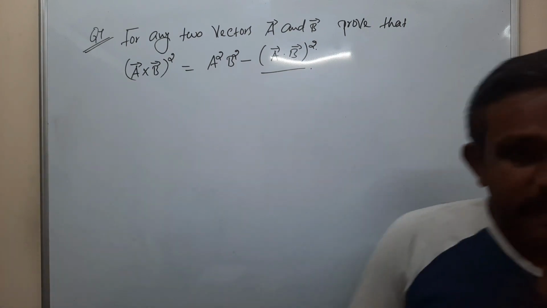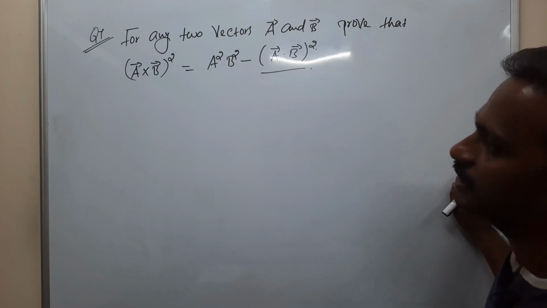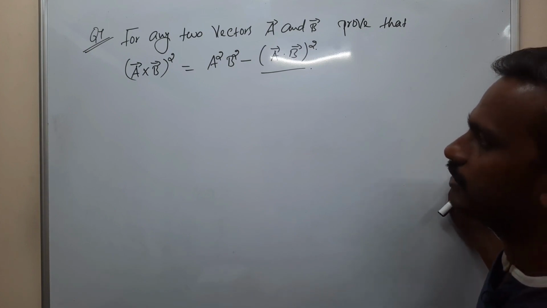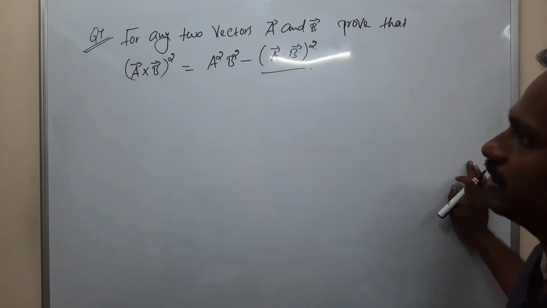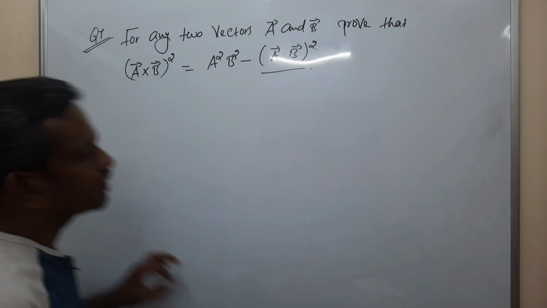So what is the given? For any two vectors A vector and B vector, prove that (A vector cross B vector) the whole square is equal to A square B square minus (A vector dot B vector) the whole square. We have to prove. Okay.